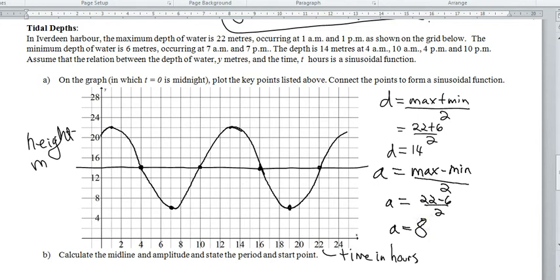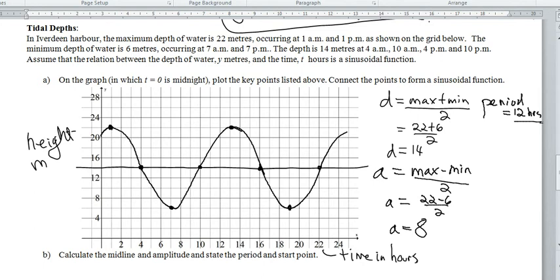State the period. How long does it take to repeat? Well, you can go from a maximum to a maximum, right? 7 a.m. to 7 p.m. is how long? 12 hours. So the period is 12 hours. And the start point, what's the start point?